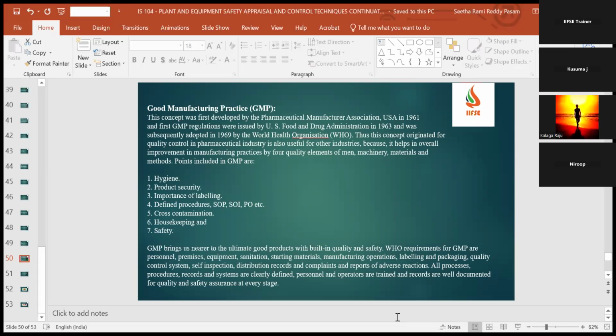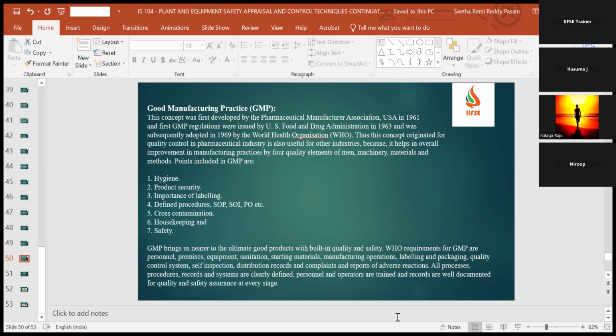This concept originated for quality control in the pharmaceutical industry, but it is also useful for other industries because it helps overall improvement in manufacturing practices for the quality elements of man, machinery, material and methods. Basically, GMP looks at the quality of the products, so it indirectly helps safety by looking at whether the men chosen as operators are well trained or not.